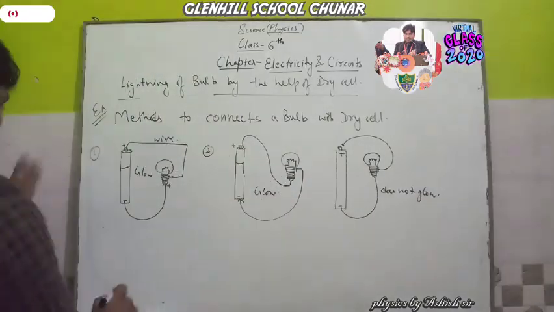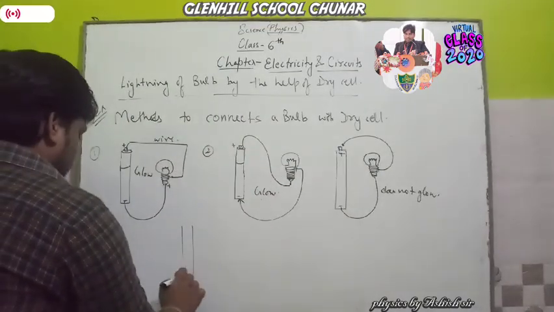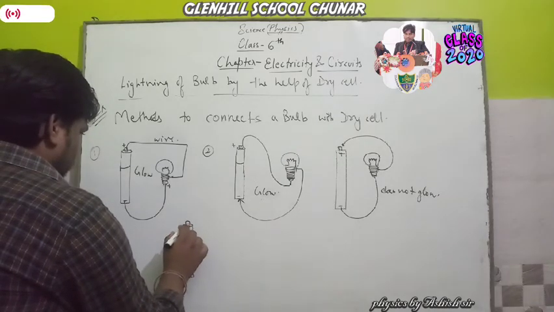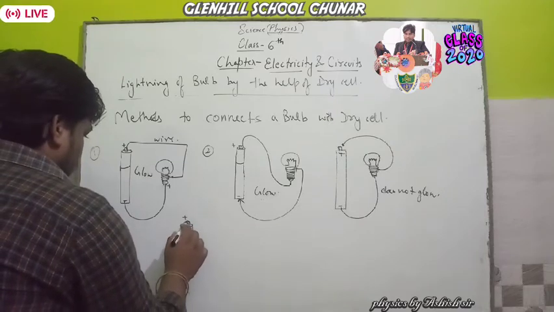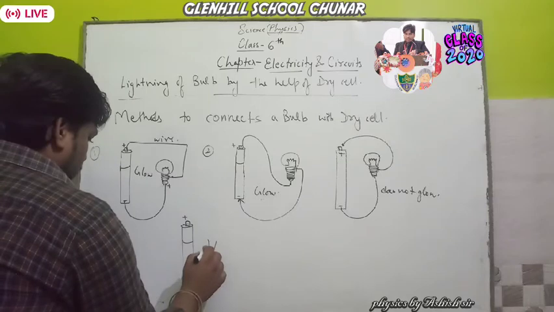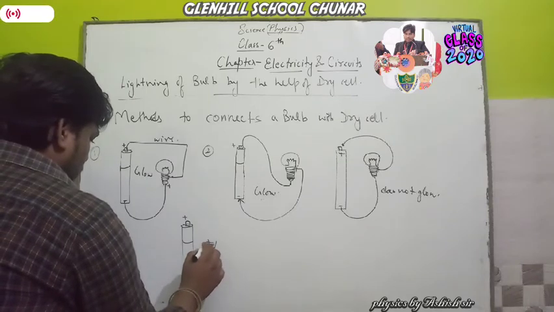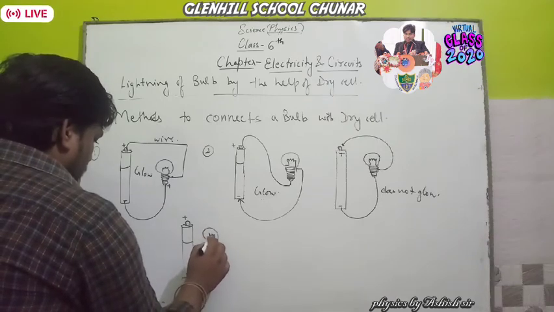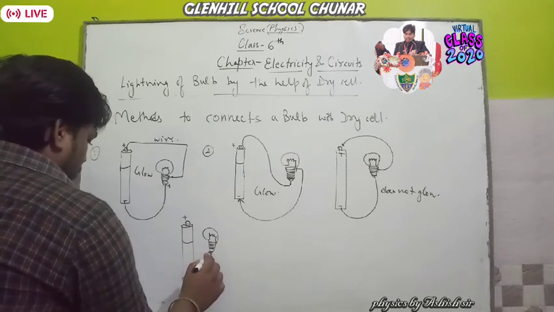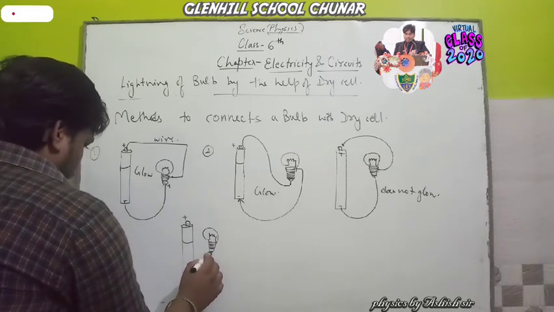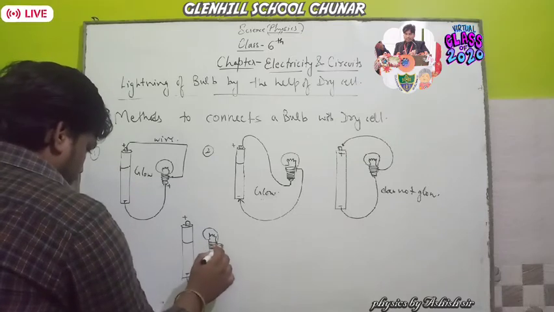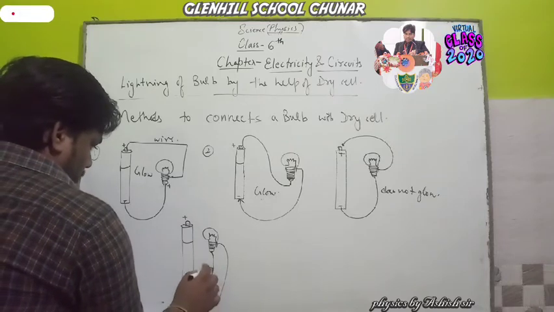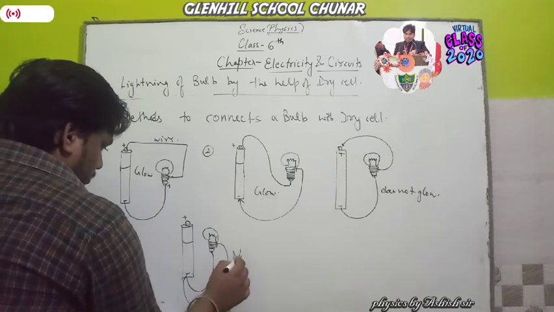Or another way: suppose this is a battery, negative here and positive here, and this is your bulb. Both wires are connected to the same end, then also your bulb does not glow.